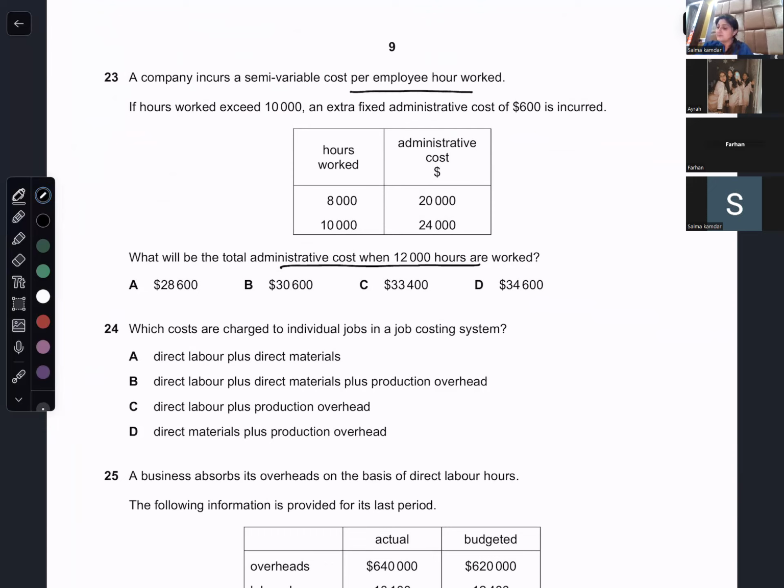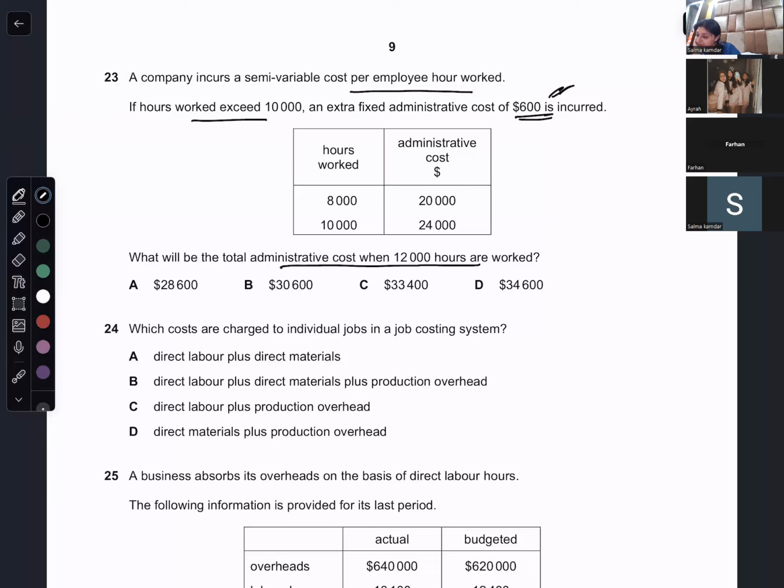If hours worked exceeded 10,000, an extra fixed administrative cost of 600 is incurred. So he has worked 12,000 hours, so 600 is going to be incurred. What will be the total administrative cost when 12,000 hours are worked?